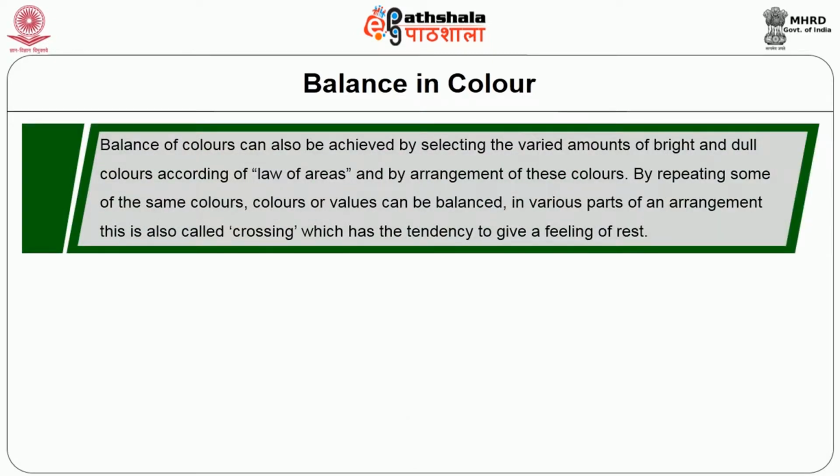Balance of colors can also be achieved by selecting varied amounts of bright and dull colors according to law of areas and by arrangement of these colors. By repeating some of the same colors, colors or values may be balanced in various parts of an arrangement. This is also called crossing, which has a tendency to give a feeling of rest.